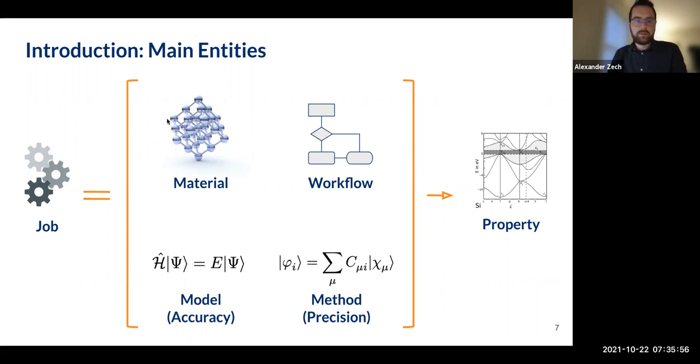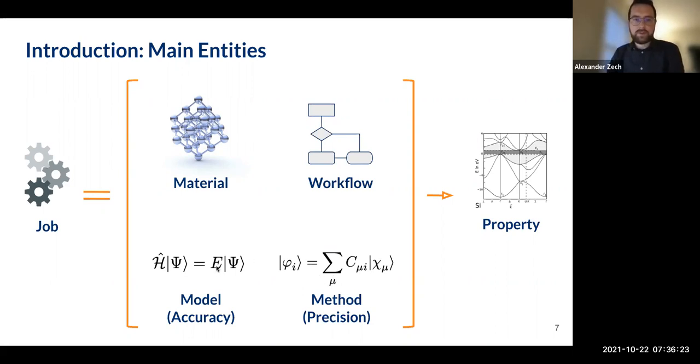Obviously we want to know about the material that we're simulating. So this is one entity. Then we have the workflow, which contains a sequence of tasks that are executed in the job. And then there is the model that we apply to the material, and that also determines the accuracy of our simulation. And then we have a method.